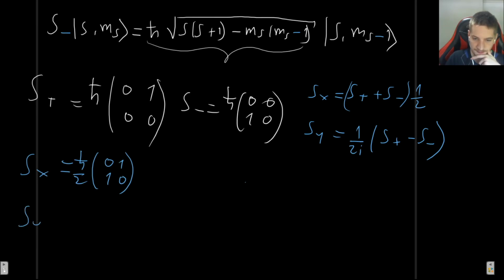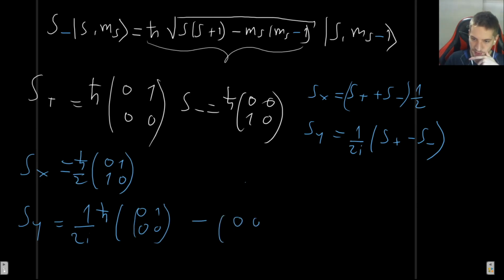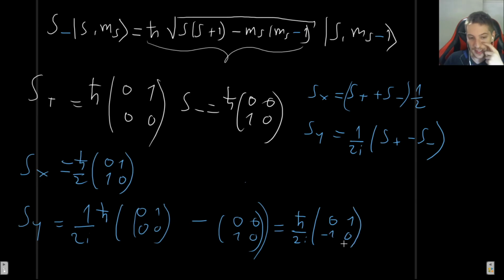You can see that it's actually quite quick and simple to find it like this. And Sy, this is 1 over 2i h bar, which is going to come from these other matrices. So S plus minus S minus. So S plus is 0, 1, 0, 0. I already factor out the h bar, minus 0, 0, 1, 0. So this is going to be h bar divided by 2i, and then we have 0, 1, minus 1, 0. And well, we could in fact rewrite this multiplying and dividing by i, so that we get minus i h bar divided by 2.